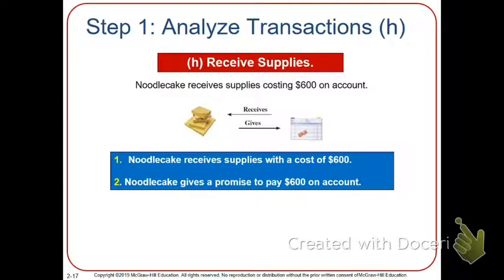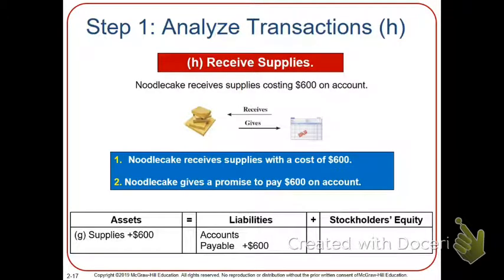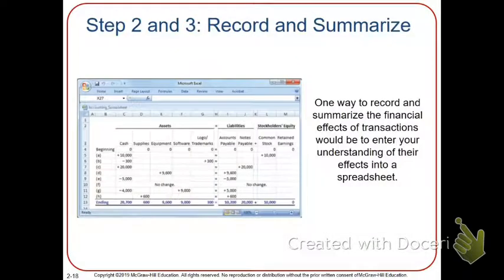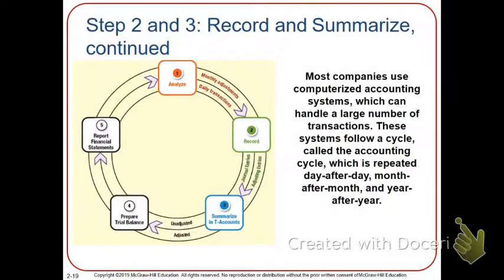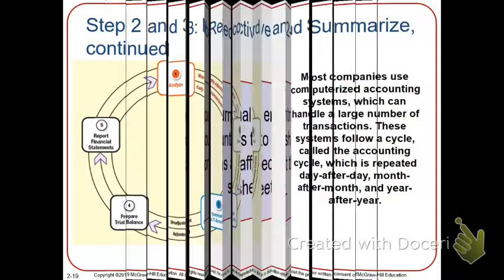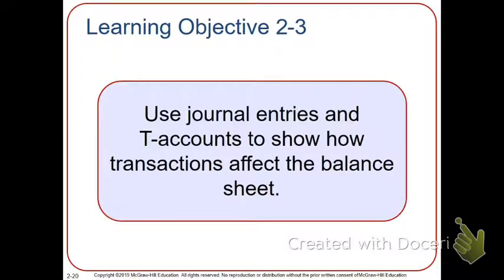I think someone said cash. Accounts payable. Yep. All right. And then you end up with this wonderful little, if you were doing this in Excel, it would look like this on a spreadsheet. And then we keep on trucking to the next thing.